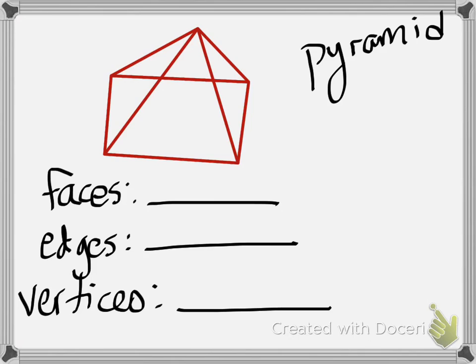See if you can count. Okay, I see 1, 2, 3. The back one here makes 4, and the bottom one makes 5 faces.